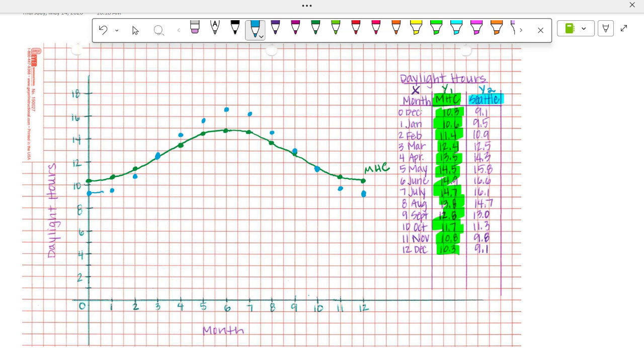So once you finish plotting all your points, make sure you draw a line through it.